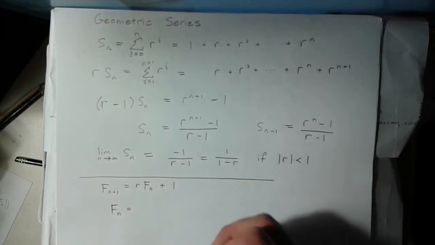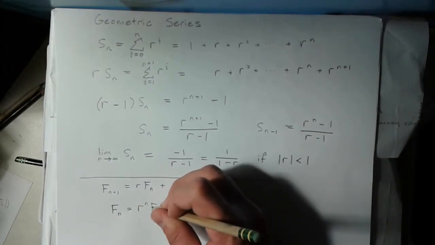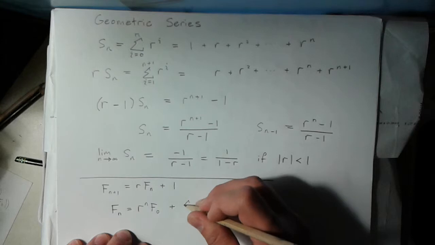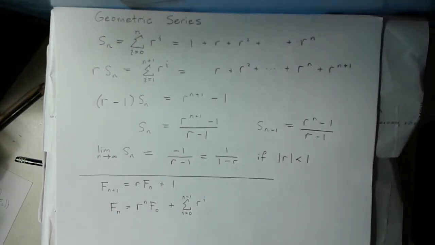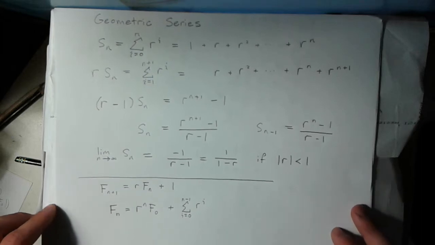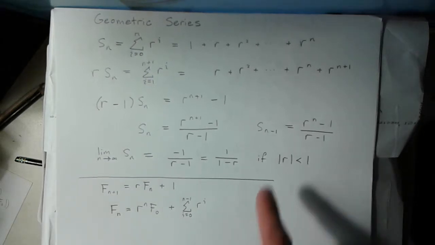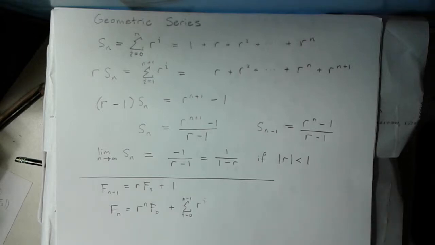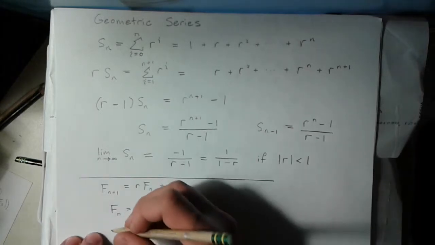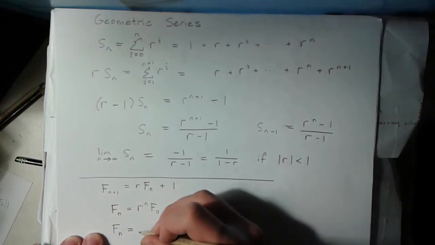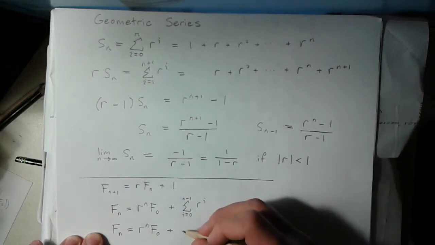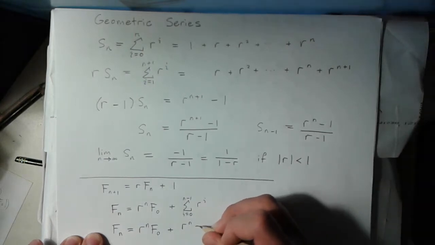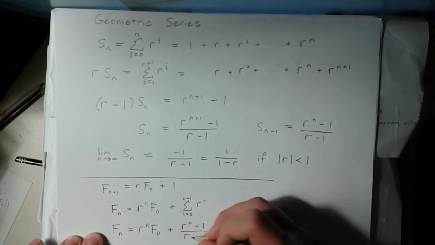It was r to the n f0 plus the sum from 0 to n minus 1 of r to the i. This would just be S(n minus 1). So another way of writing this solution, without having a sum in there, is r to the n f0 plus r to the n minus 1 over r minus 1.